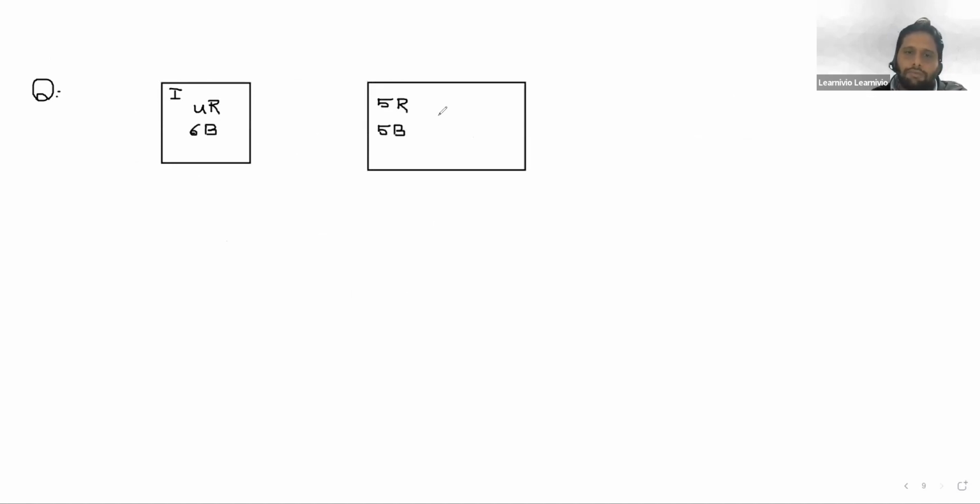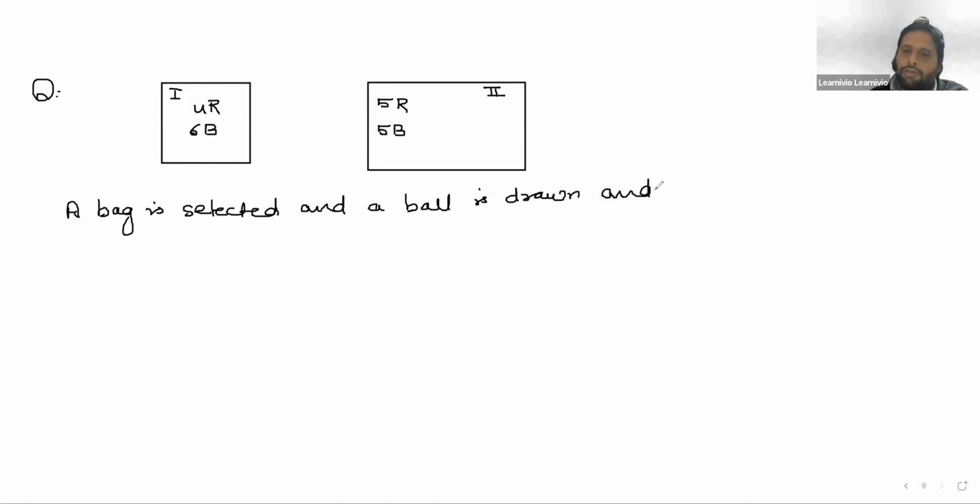The question is: a bag is selected and a ball is drawn, and it is found to be red in color.